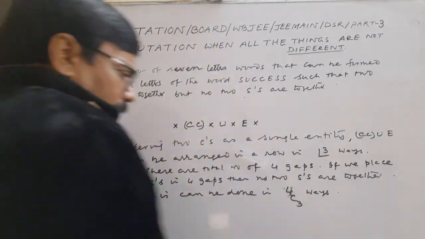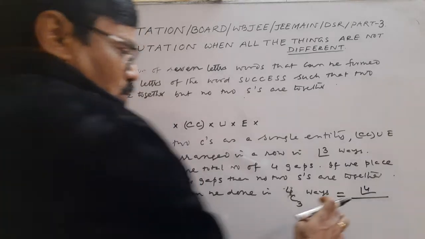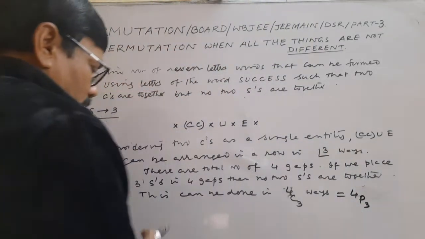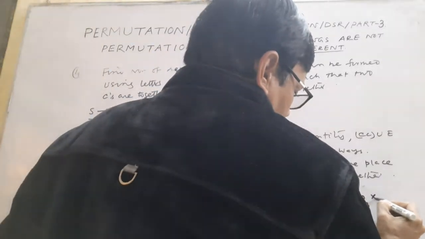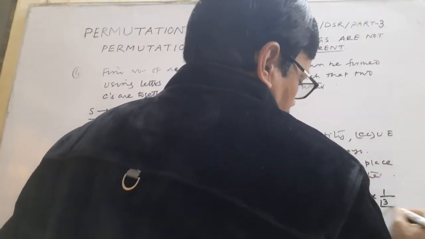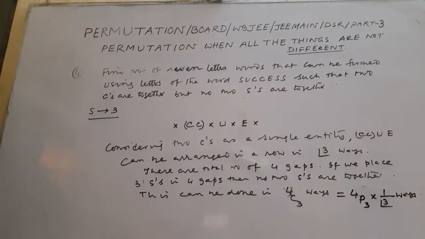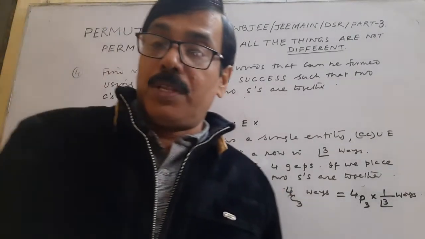Or actually, if you use permutation, it will be 4P3: 4 gaps and 3 letters, and these 3 S's are alike. That is why we multiply by 1 by factorial 3. So look, 4 gaps, so our formula is 4P3.